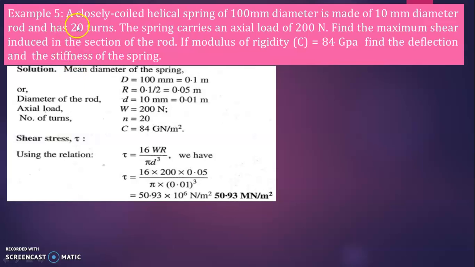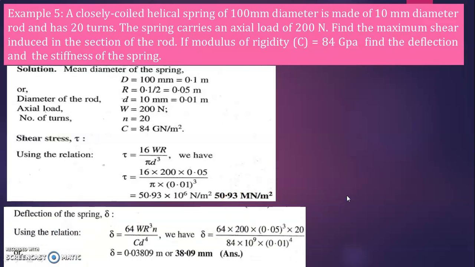What is the diameter? d is 10 millimeter, so you can convert into meter, 0.01 whole to the power 3. So tau is equal to 50.93 into 10 raised to 6 Newton per meter square, or 50.93 Newton per millimeter square, or 50.93 meganewton per meter square. You can write in terms of any unit.